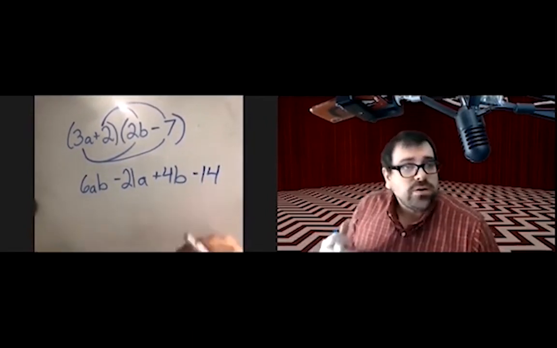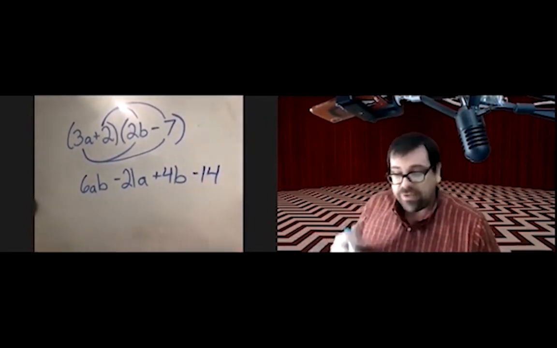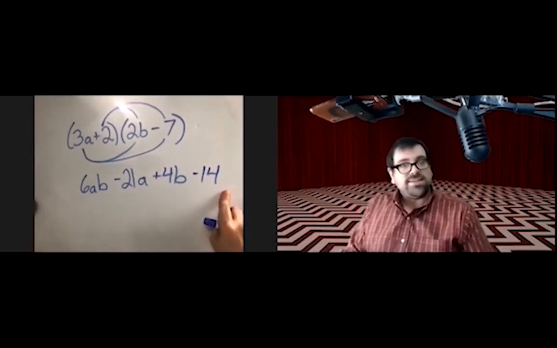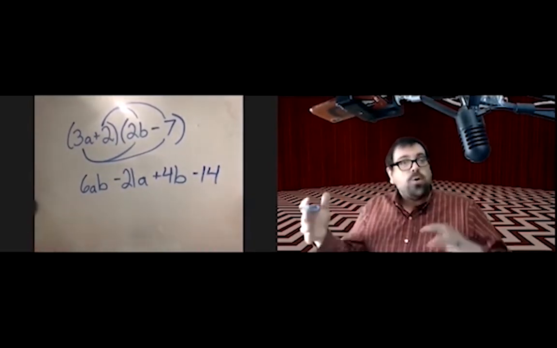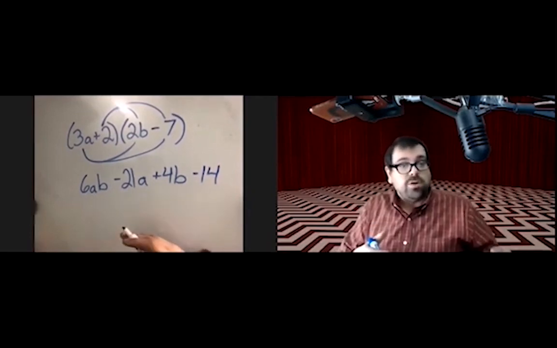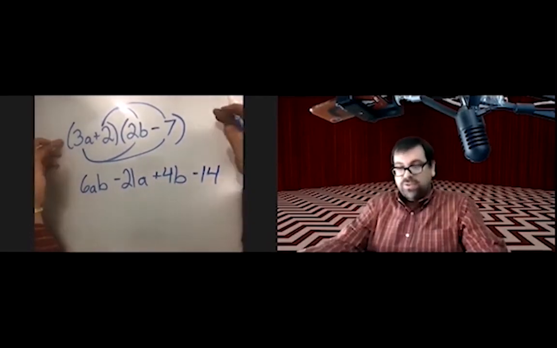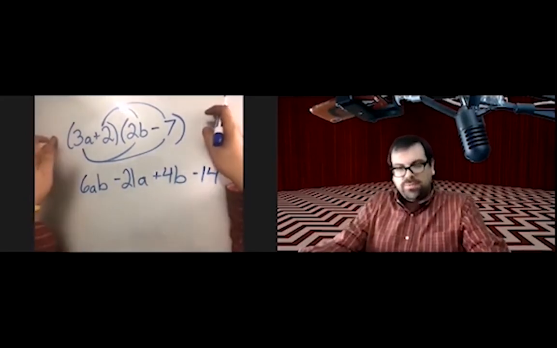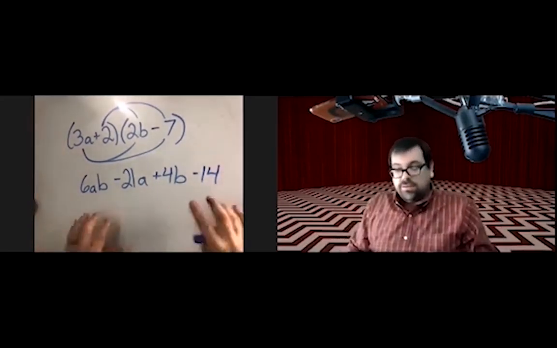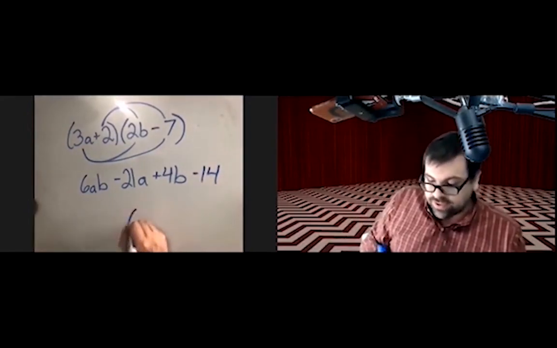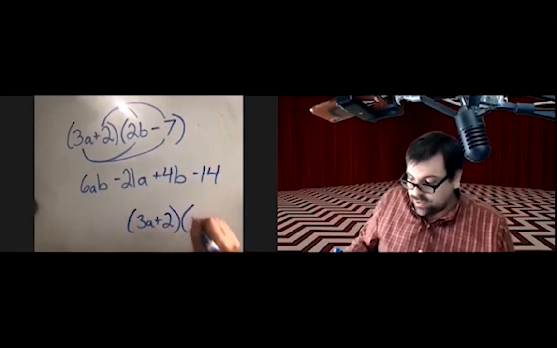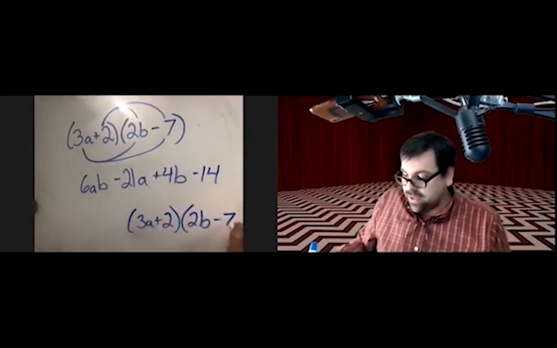That means that we are going to have a method of factoring this that would give us what as an answer? Factoring is going the opposite direction of multiplication. So if this is what we get multiplying this way, then going the other way would be factoring. This factors to 3a plus 2 times 2b minus 7.